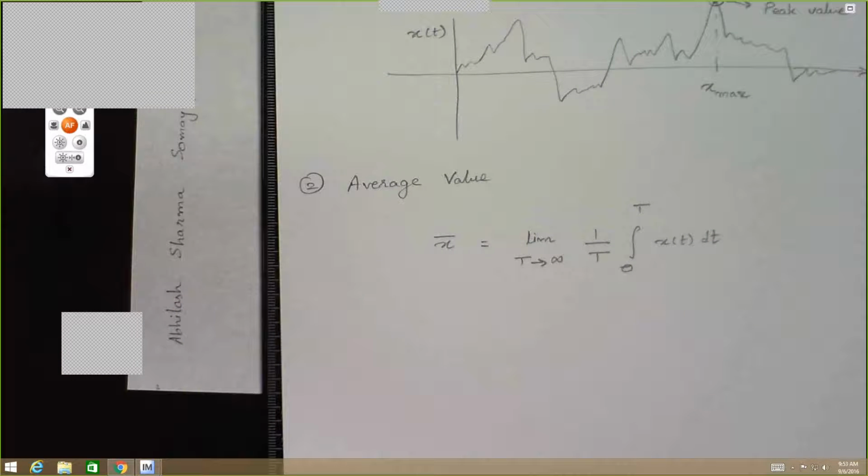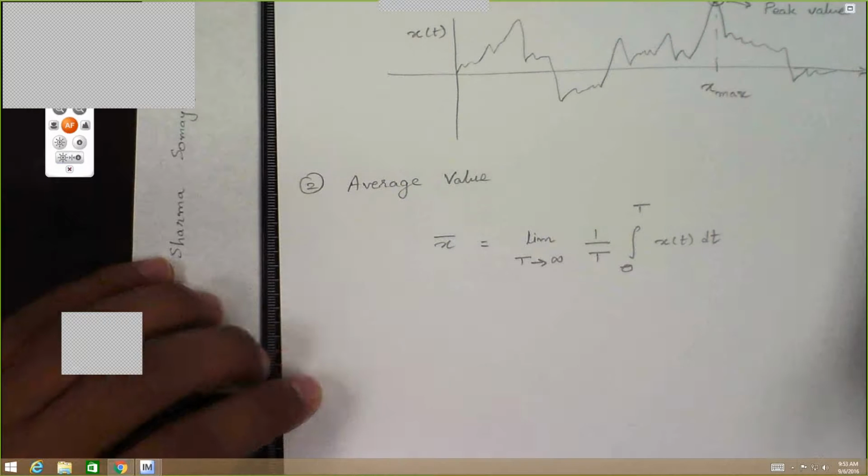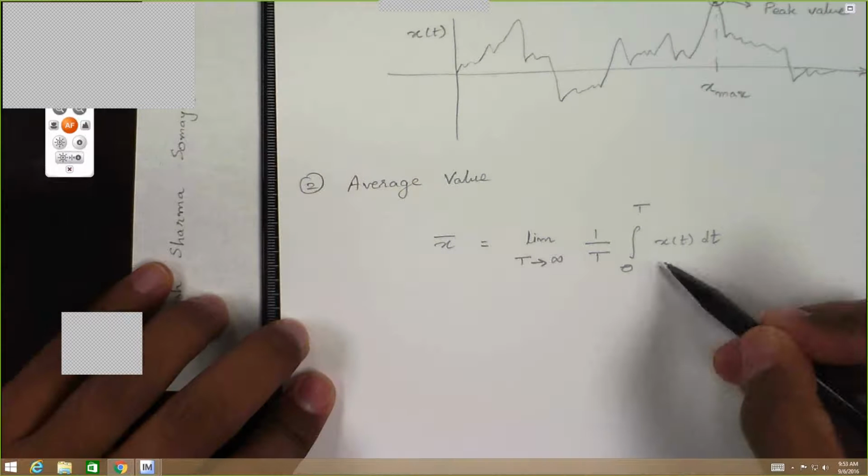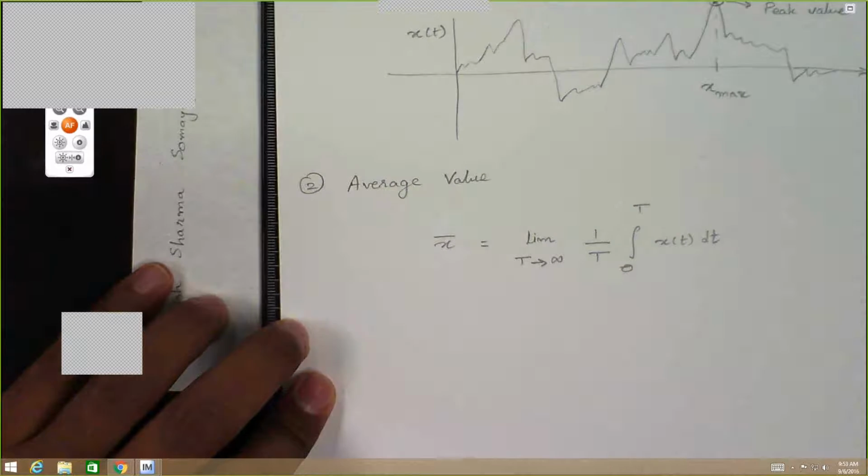So it's nothing but a simple time average of the signal. So we take all the points in the time and then sum them up and divide by the total time. And in terms of a continuous function, the process is synonymous to an integration. But if you had a discrete time signal, then you would essentially be summing it up over discrete small intervals.